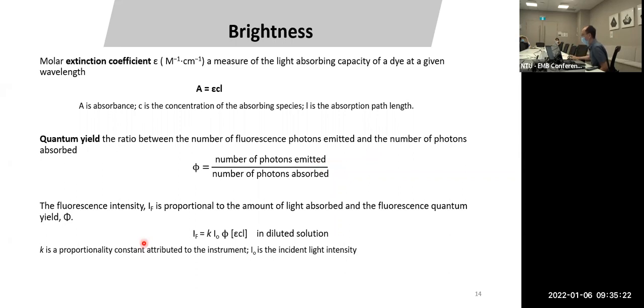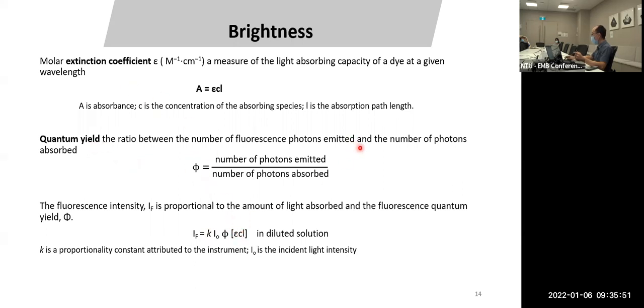So when we put all these two factors in, what we are interested in is the fluorescent intensity, right? We are always measuring how high our signal can go. And that's the factor of, let's say, an instrument factor. Just take it as maybe how much light is being lost in your microscope. It's a factor of how much light you put in. And the rest is basically just about quantum yield and the molar extinction coefficient.